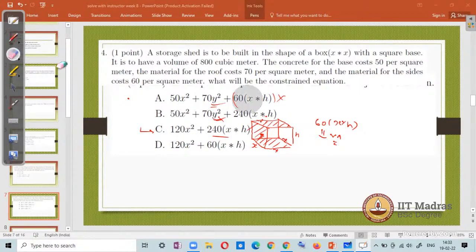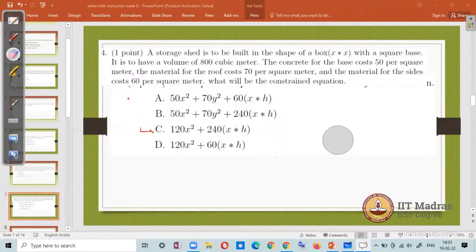I remember in our IT hostel there was a box made just to prevent the monkeys from spreading garbage. It was in this shape, something like this you can think of.